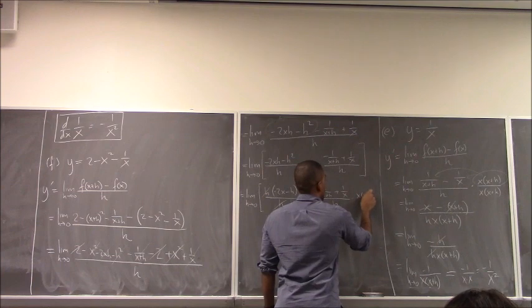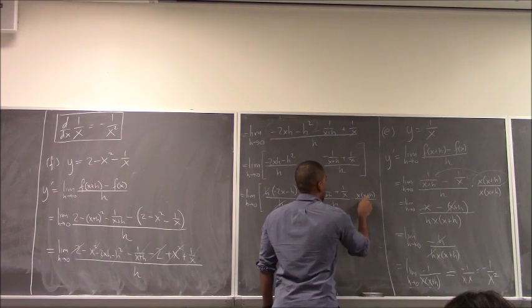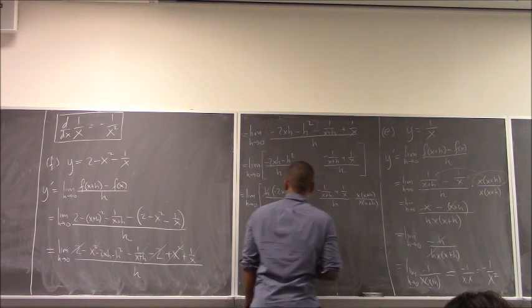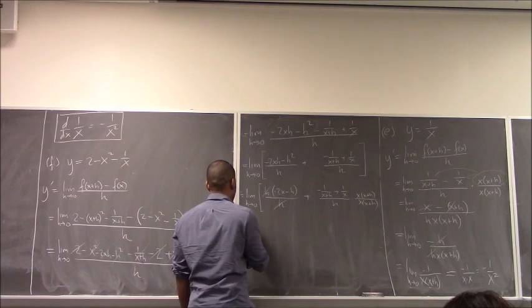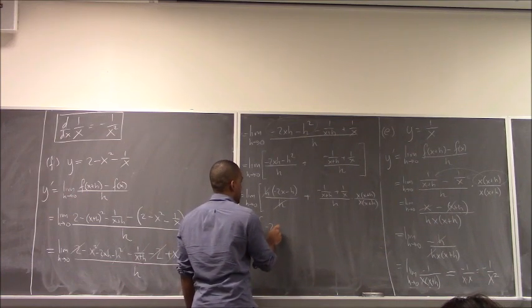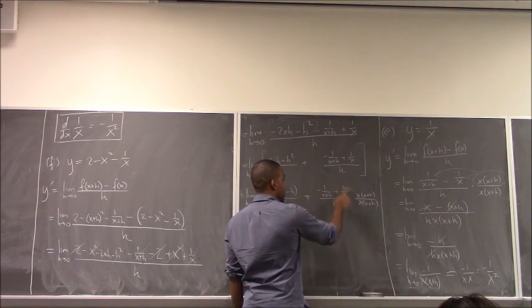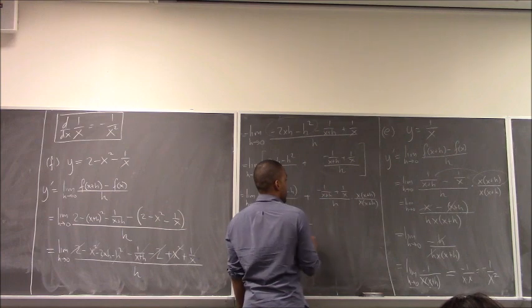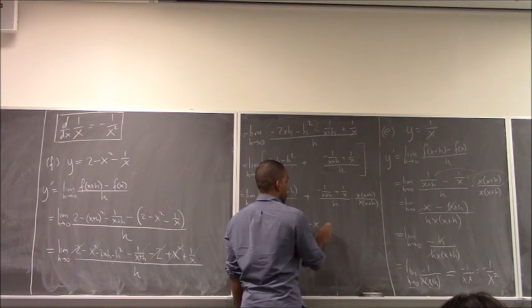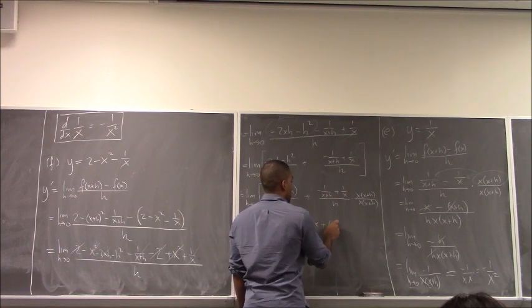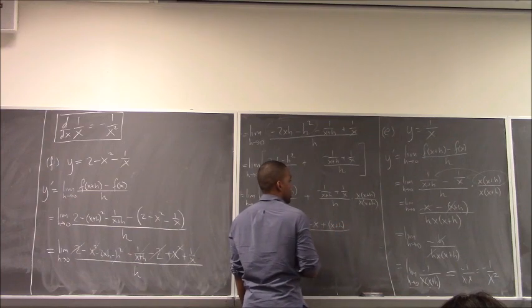Multiply by x times x plus h. So now this becomes minus x minus h, plus this guy would be minus x plus x plus h, over h times x plus h.